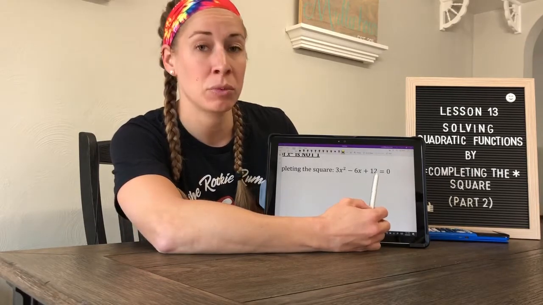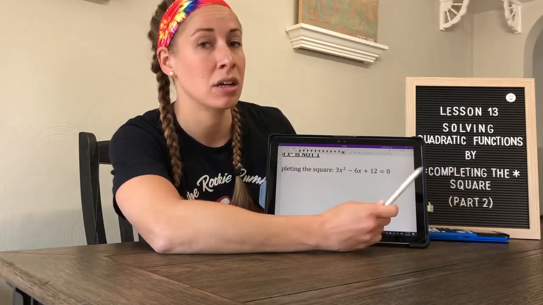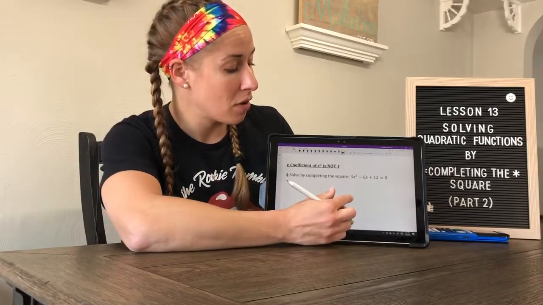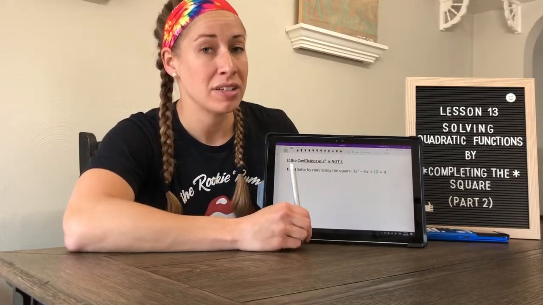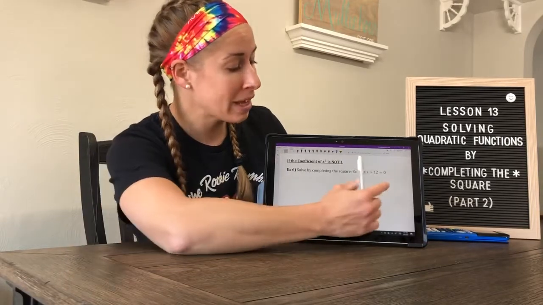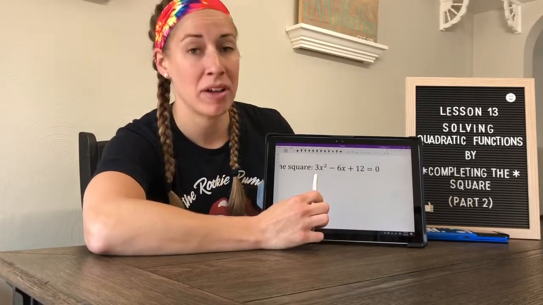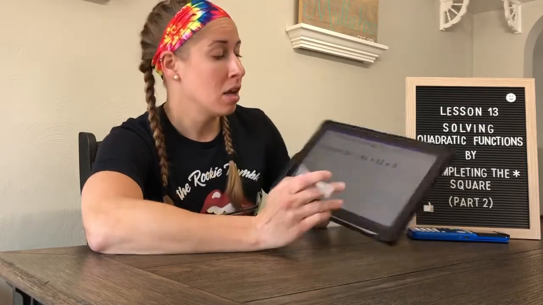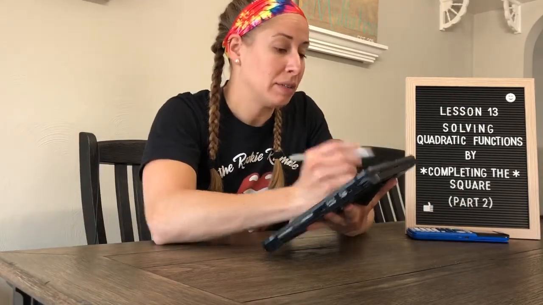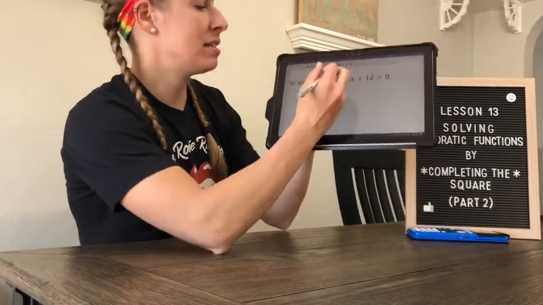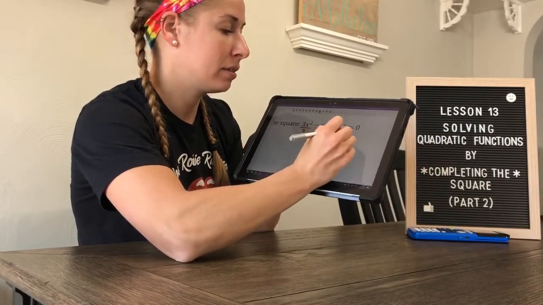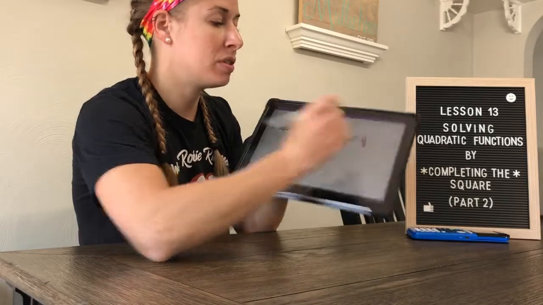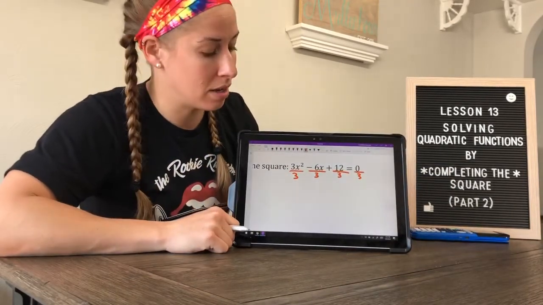And whatever you do on one side of the equation, you have to do to the other. So when you're solving a quadratic using the completing the square method, and your leading coefficient is not 1, make it 1 by dividing by whatever the leading coefficient is. So we are going to divide every single term by 3 on both sides of the equal sign.